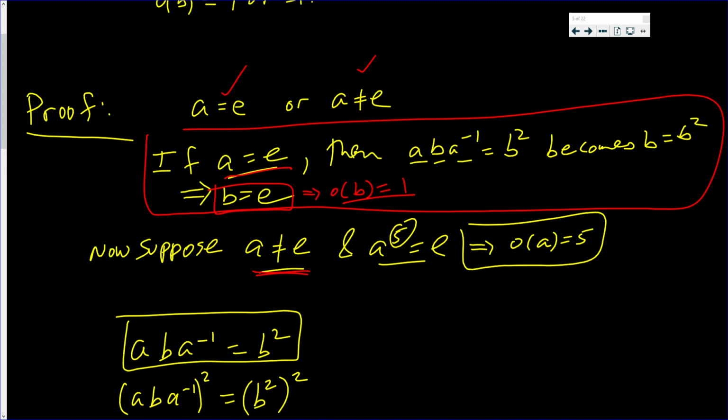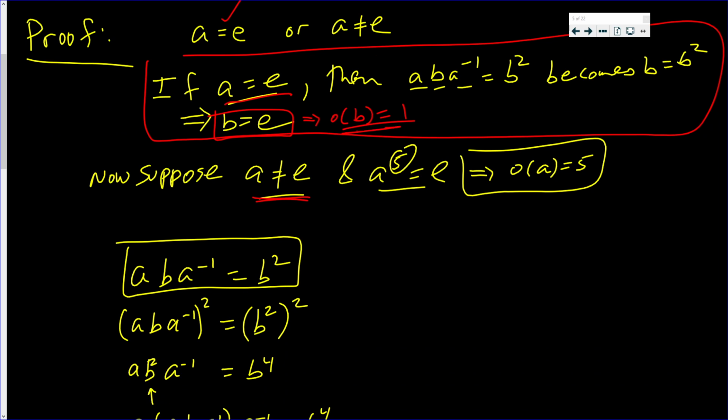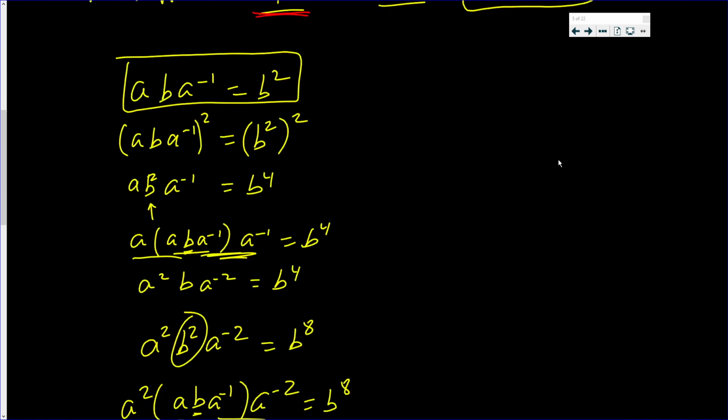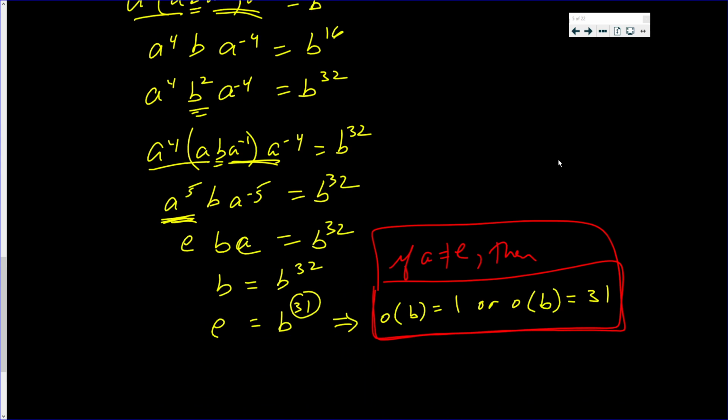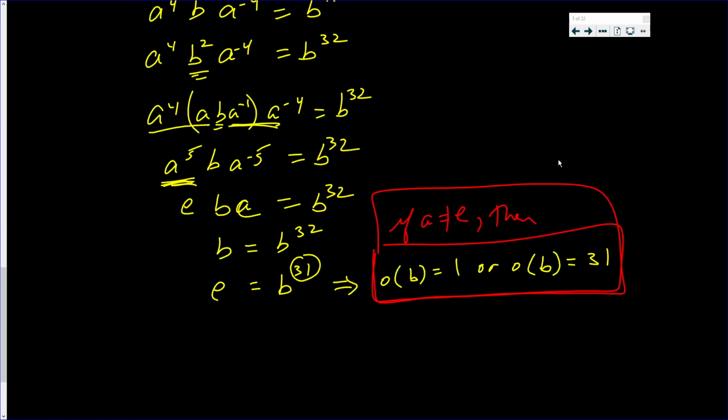So either, without any further information about a, the order of b is 1 or the order of b is 31.